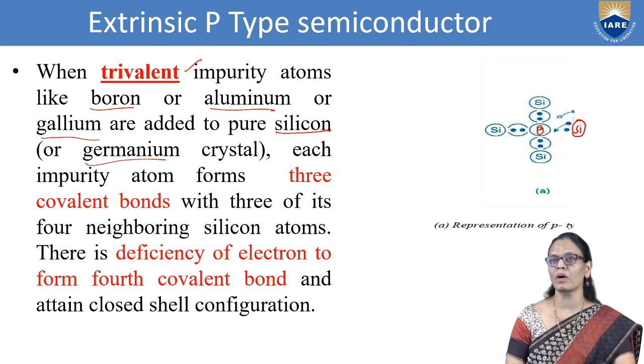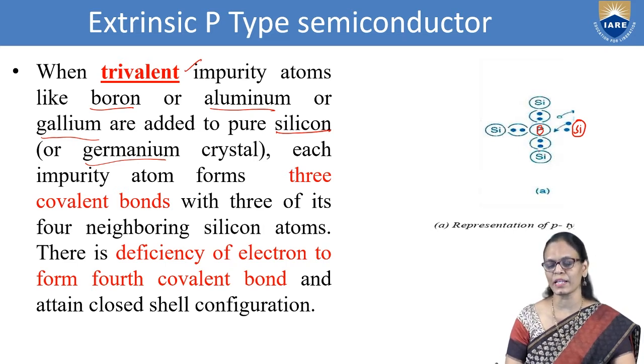So this boron is surrounded by 4 silicon atoms. There are many silicon atoms. For example, we are taking a simple structure where one boron is surrounded by 4 silicon atoms. We have a number of silicon atoms here. To understand how holes are formed, we have taken only one boron atom and 4 silicon atoms.